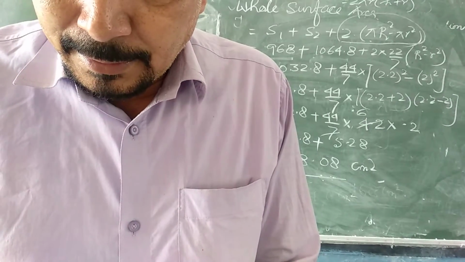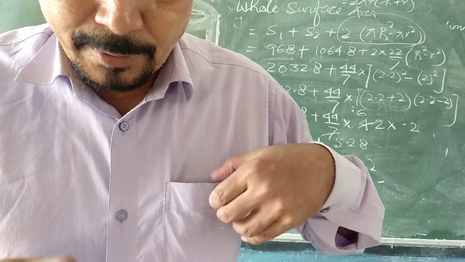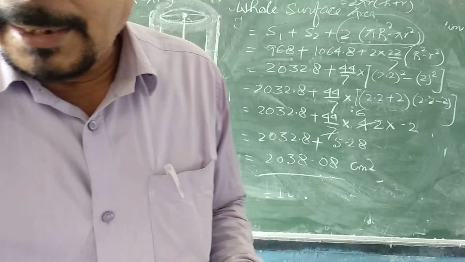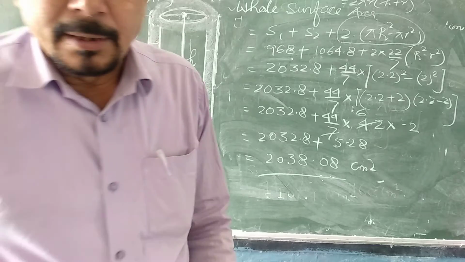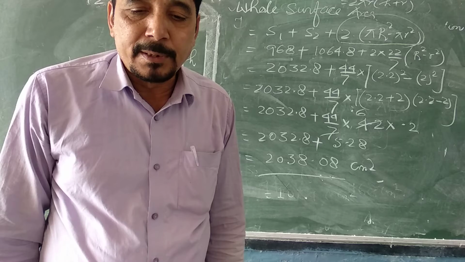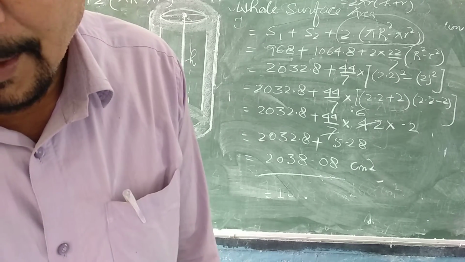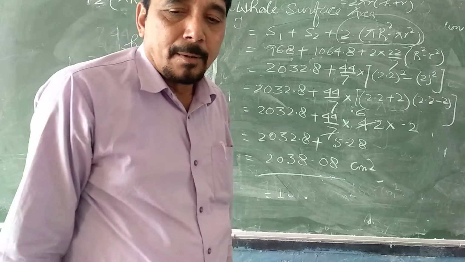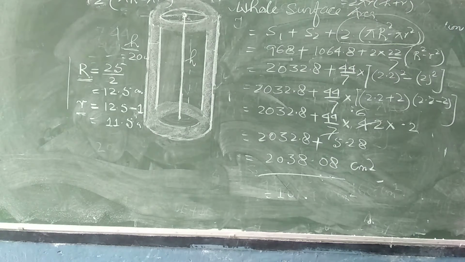Find first the inner curved surface area, second the outer curved surface area, and third the total surface area of the metallic pipe.